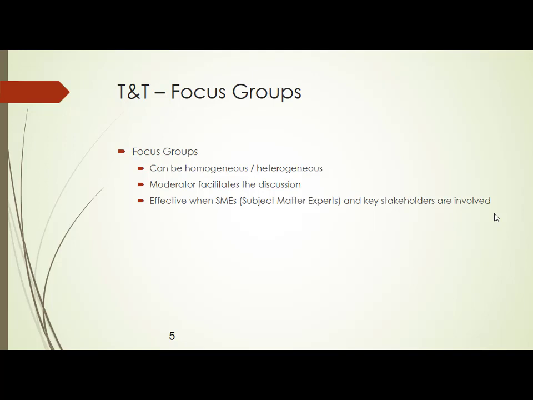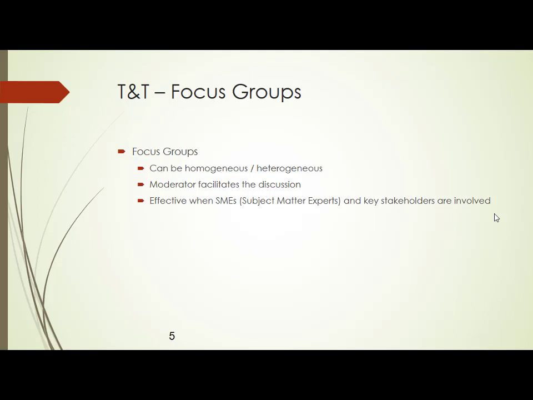So like this you can set up a focus group, and sometimes focus groups can be homogeneous or heterogeneous. What is the meaning of a homogeneous focus group? A homogeneous focus group means you are talking only to a specific group of people. As I told you, you have executive directors as one group and board of directors as another group. Sometimes there would be a necessity to club both groups together.